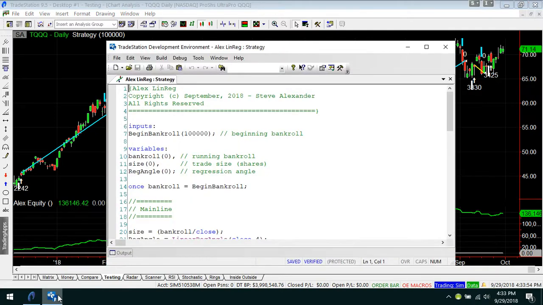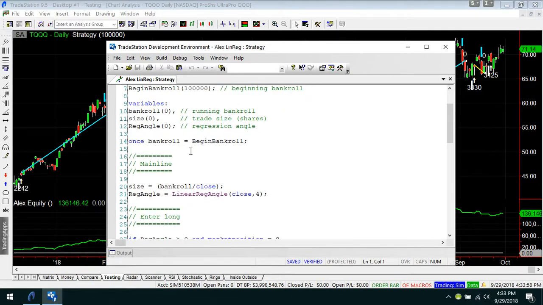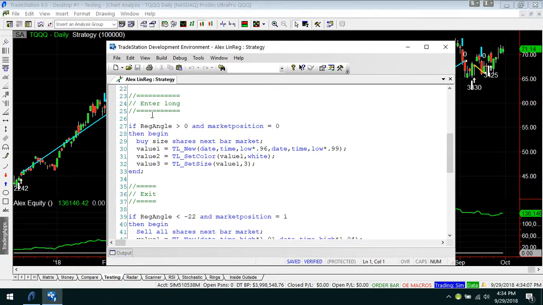And now on the easy language, all this is doing here is managing the bankroll and the number of shares we're going to trade. And the crux of the entire thing is right here. If the regression angle is greater than 0 and you don't have a position at the moment, then you should buy.